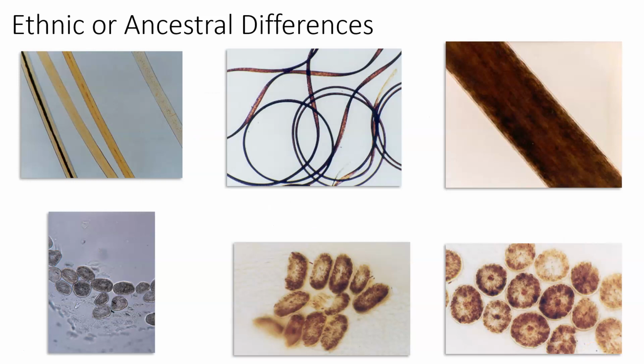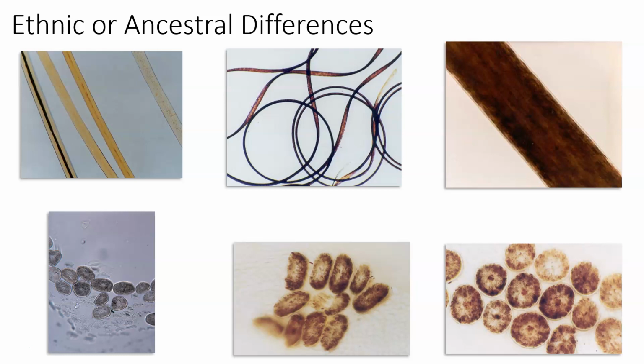Getting into ethnic or ancestral differences, when you look at individuals within different ethnicities or ancestral backgrounds, it is really easy to notice some key differences between hairs. And again, we're looking just at head hairs right now.